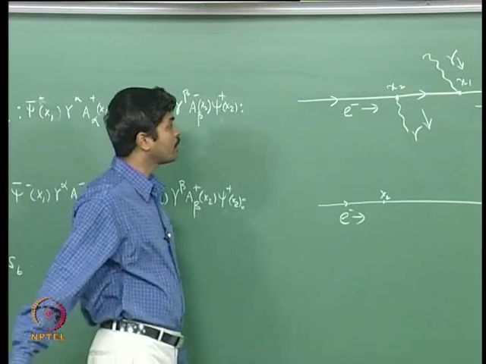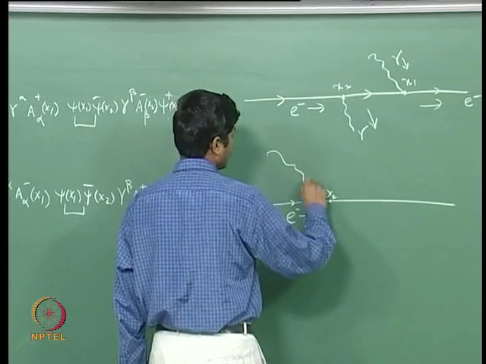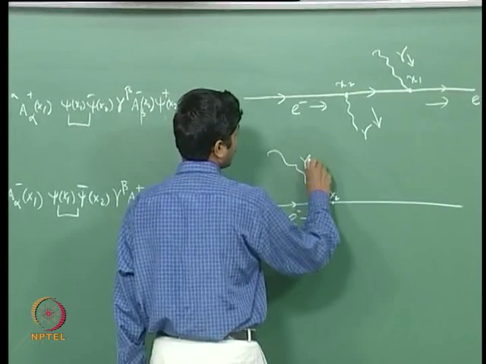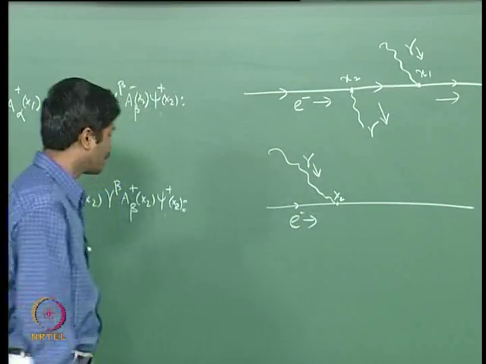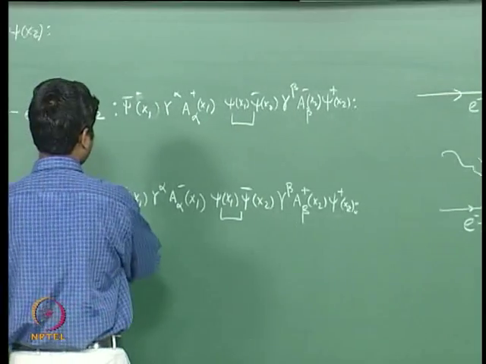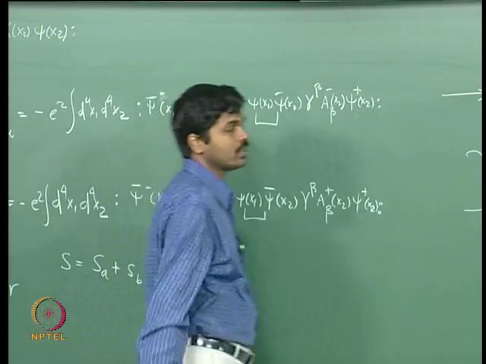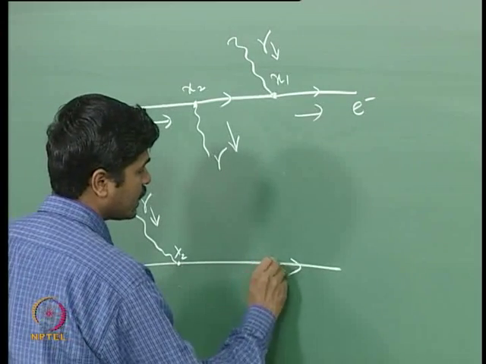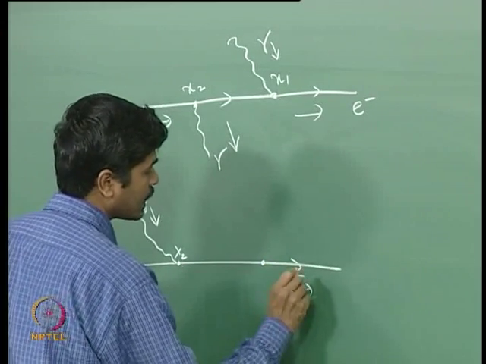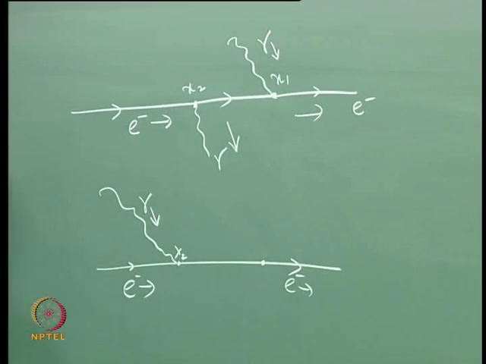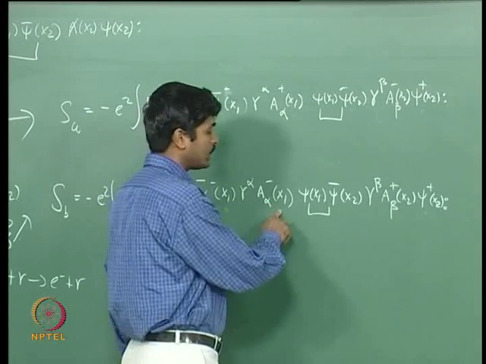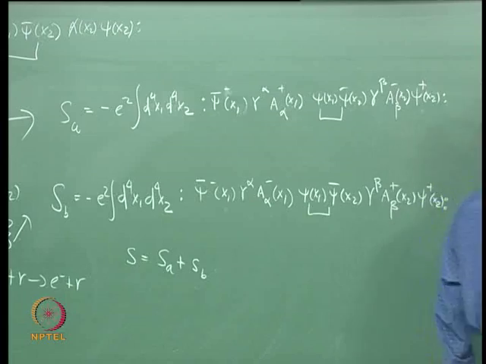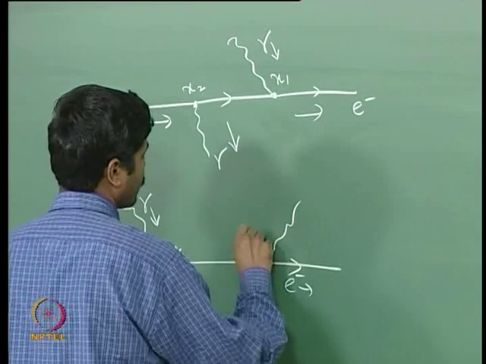So there is an incoming photon which is getting annihilated at x2, and then it also contains psi bar minus of x1. So at x1 there is an outgoing electron which is getting created, and A alpha minus x1 basically says that there is a photon which is created at x1.